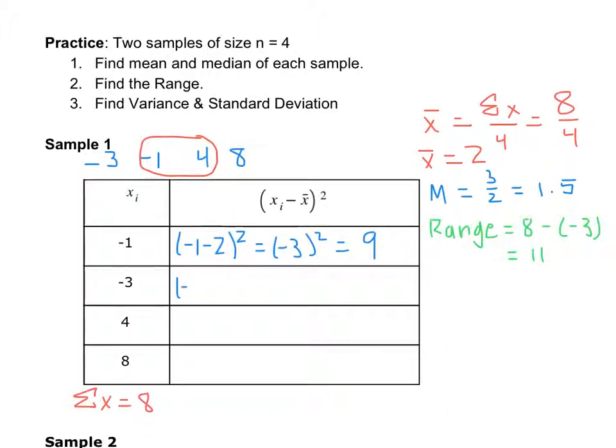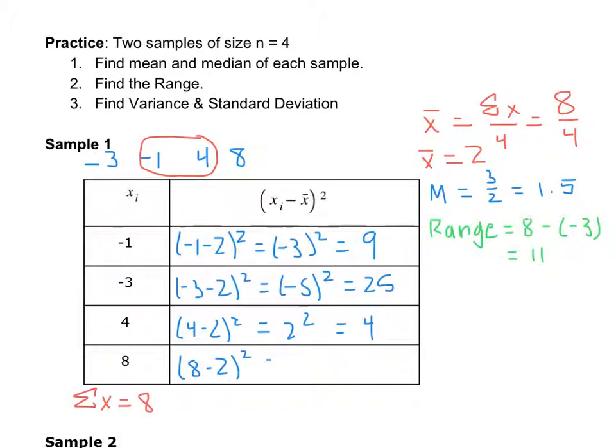And -3 minus 2, we get -5 squared, we get 25. 4 minus 2 squared, 2 squared, we get 4, and then 8 minus 2, we get 6 squared, we get 36.